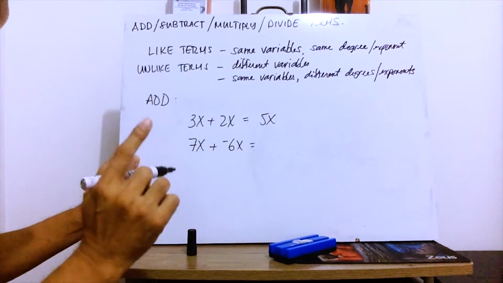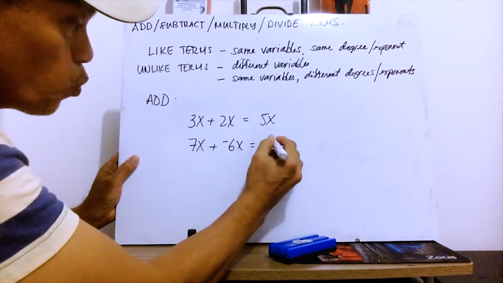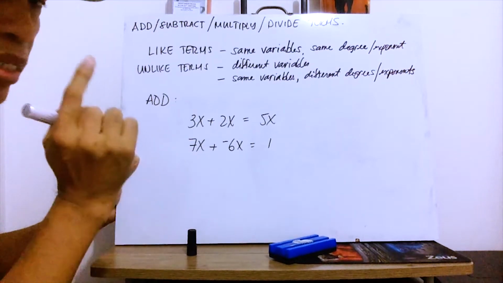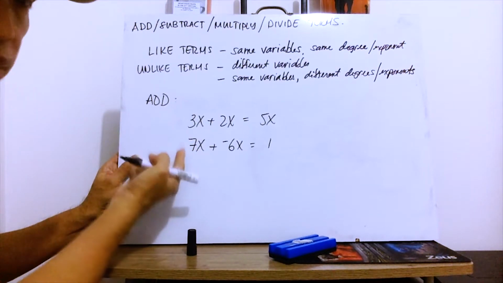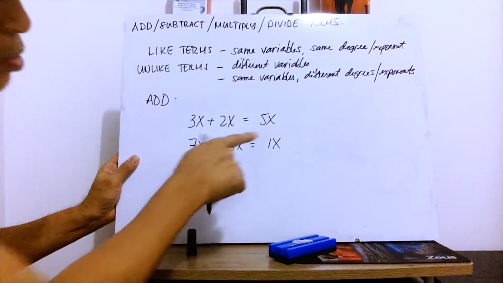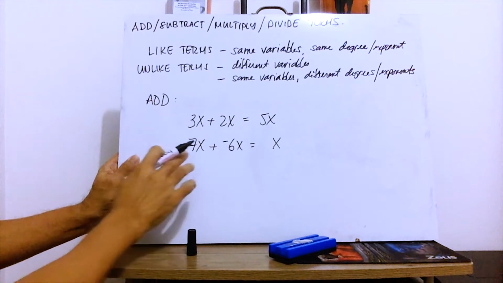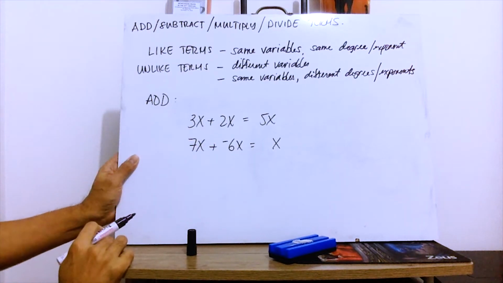Remember my integers? Two different signs, get the difference. That's 1. And then assign the sign of the larger number, that's 7. So the answer is 1x. You don't actually write the 1 anymore. It's obvious it's 1. So 7x plus negative 6x is just x.